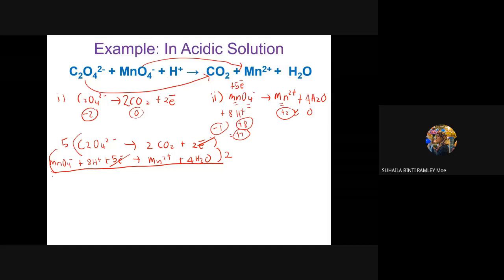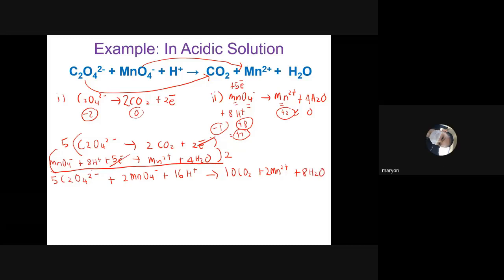So kita tulis overall equation: 5C2O4 2 minus plus 2 MnO4 minus plus 16H plus. Okay, produce 10 CO2 plus 2 Mn2 plus plus 8H2O.